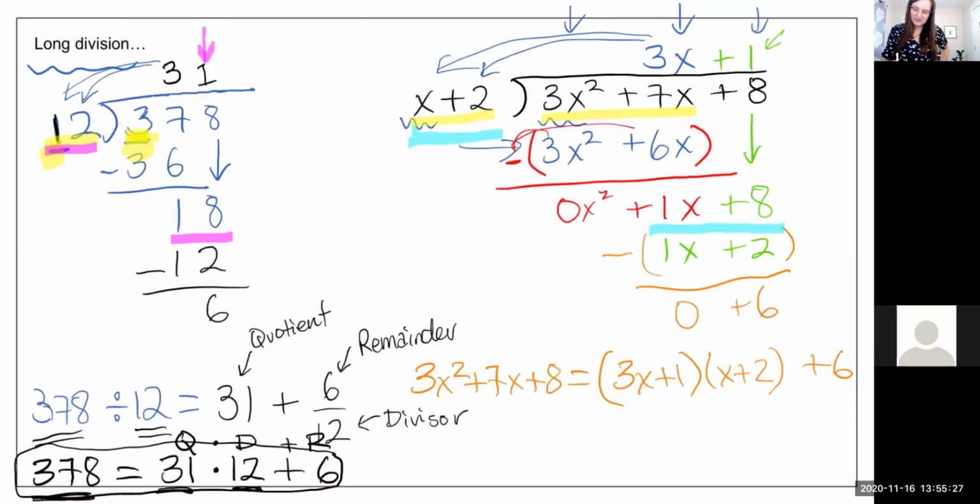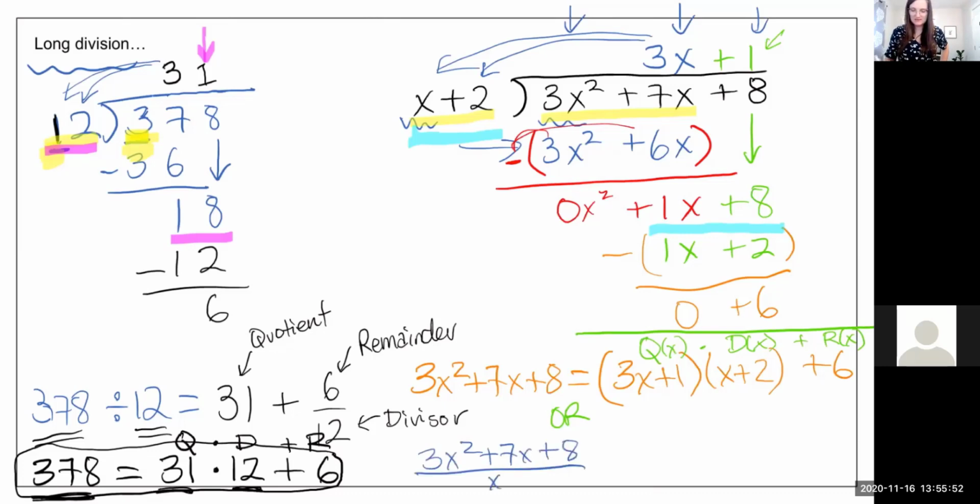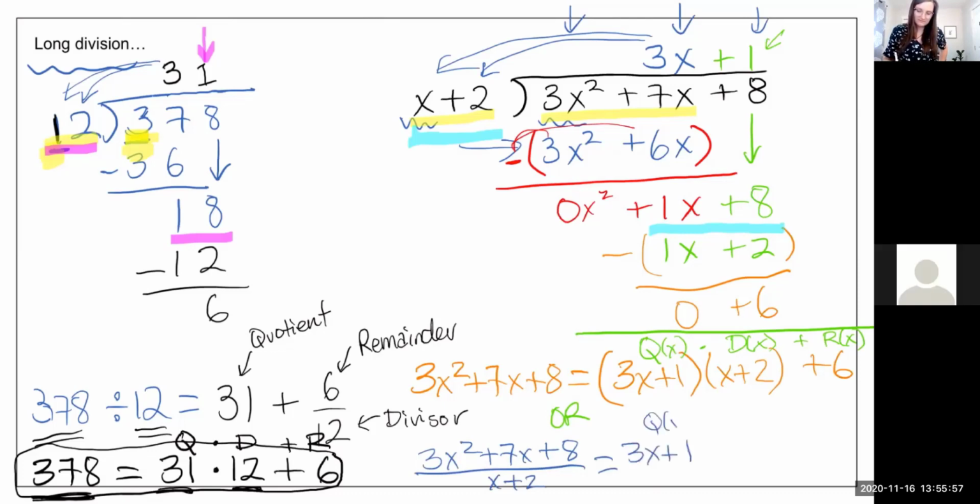So that's this format where you have the quotient times the divisor plus the remainder. Or another way to write it, depending on what format they want as an output, is that (3x squared plus 7x plus 8) divided by (x plus 2) is the quotient plus the remainder that has not yet been divided by.